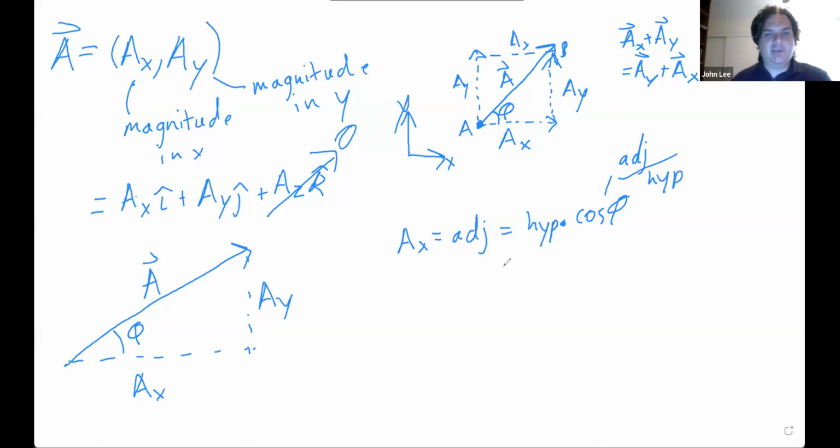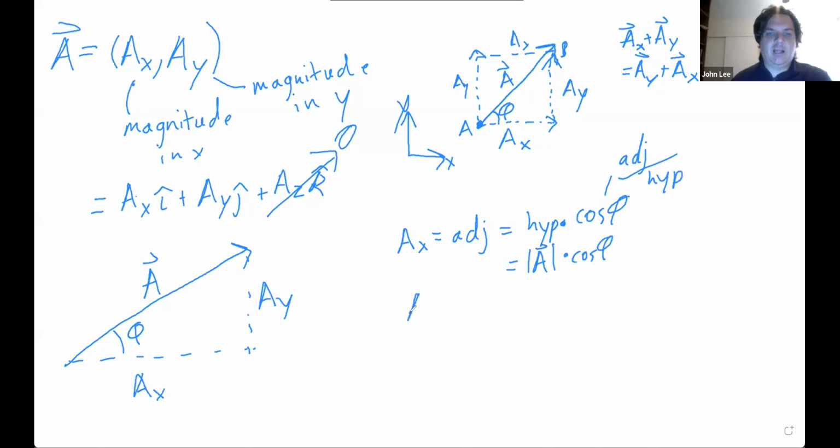And then the hypotenuse is just going to be the magnitude of A, which is given by this notation, just A with two lines to either side, times cosine phi.